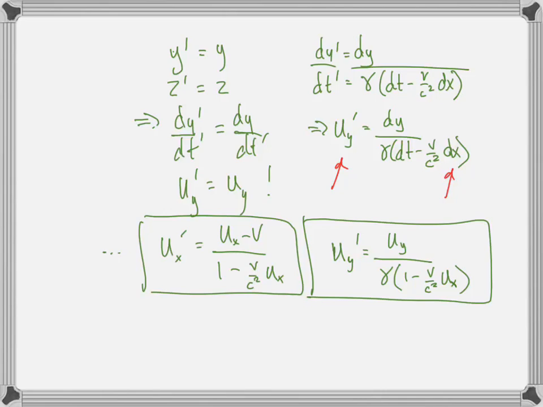The y component goes as u_y over gamma times (1 minus v u_x over c squared). And the z component better be the same, right? The z component is going to be u_z over gamma times (1 minus v u_x over c squared). Okay, so that's a big difference with the velocity transformation.